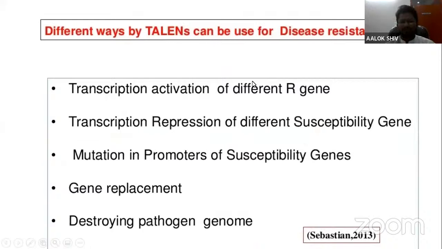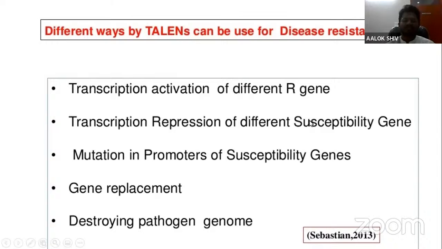There are different ways through which this Talon method of genome editing could be used for disease-resistant plants. Transcription activation of different R genes. R genes means resistant genes present in the plant, so it could help in the activation of transcription of these genes. Then repression of different susceptibility genes.